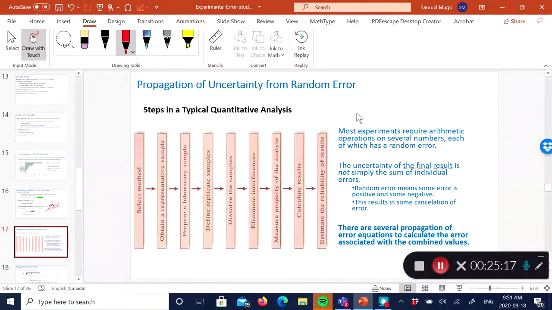Sometimes they are positive, sometimes they are negative, and so sometimes they would cancel each other. And so you just don't add them up. Instead, you follow a set of principles related to the propagation of the uncertainty. And that's what I'm going to show you, the set of principles that you use to propagate the errors if you are doing multiple steps in chemical analysis that contribute to the error in the end.